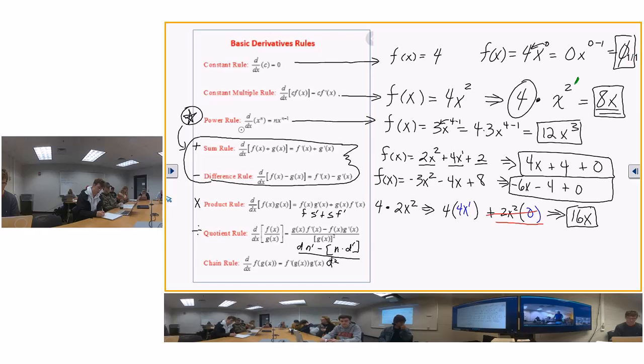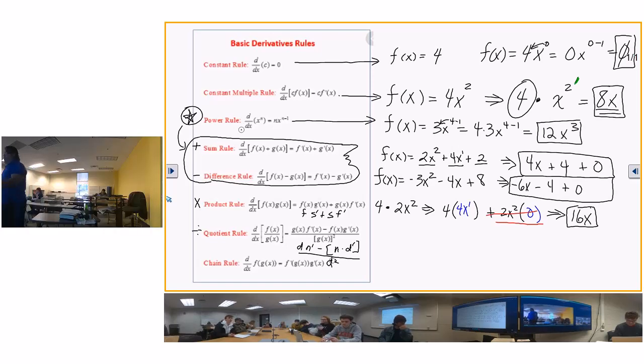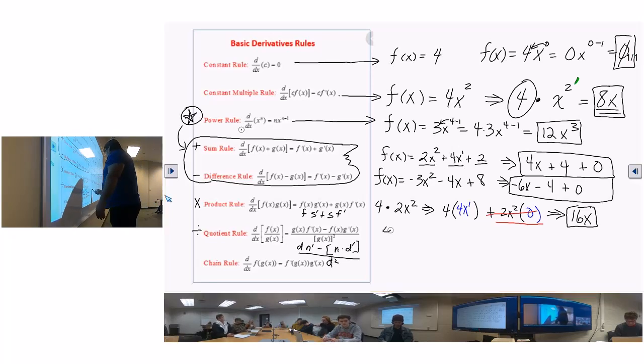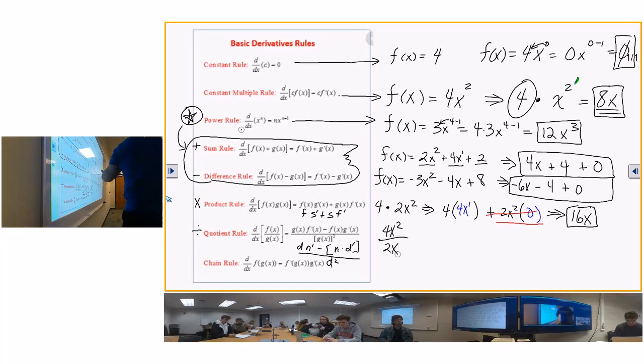You've probably seen this before, I don't know, but I'm just going to do 4x squared over 2x. Now you could do the algebra and then take the derivative with the power rule, but I'm not showing you that. I'm showing you the quotient rule.